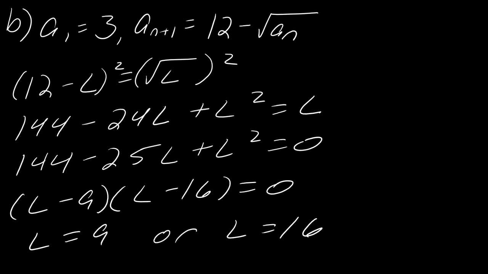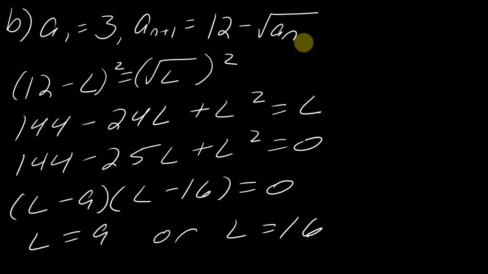So once again, I have to think about what actually makes sense here. Is one of these not possible? The one I think of immediately is 16, because this is 12 minus this root. So 12 minus the square root is going to be less than 16.